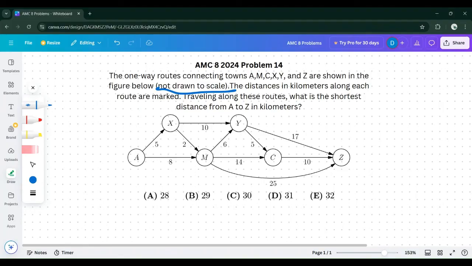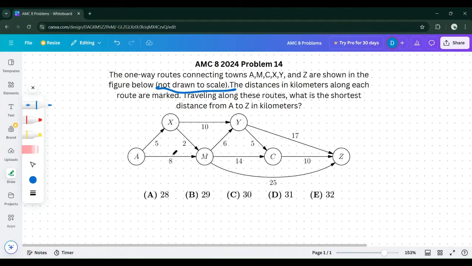So in this case, the shortest route is A to X to M to Y to Z to C. And that is the shortest route, and you can just see the numbers. What I like to do is just eliminate these larger numbers.